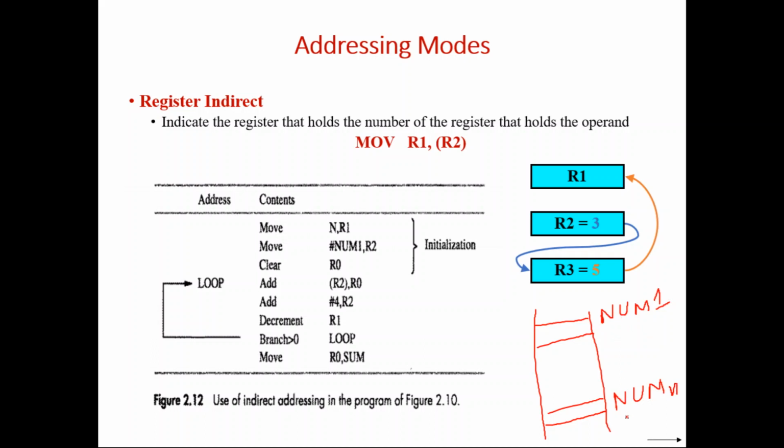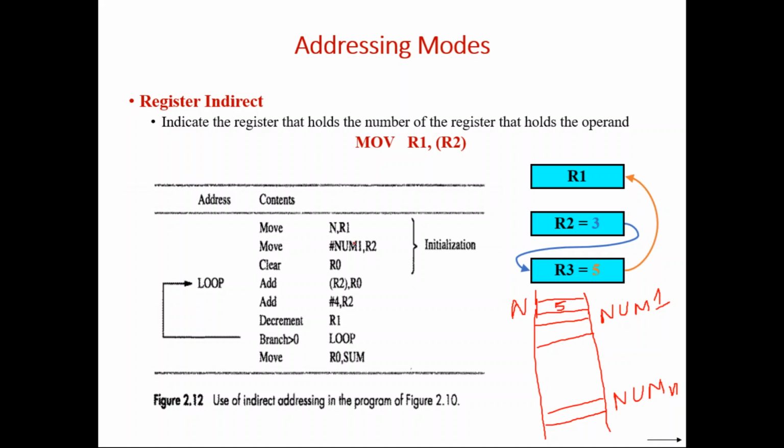How to do that? That's what we are going to discuss. How many numbers you want to add is available in another location. Let us call that location n. For simplicity, let us assume n is 5.